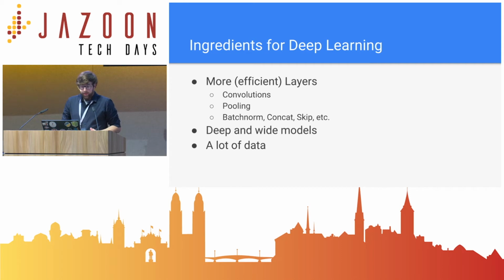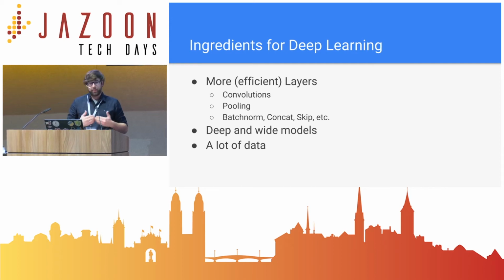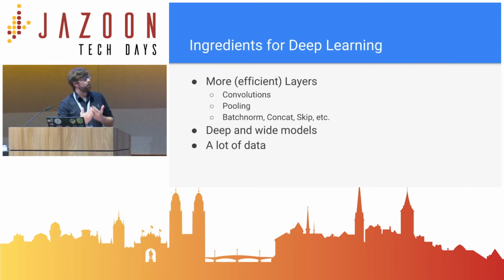The answer to this is something called convolutional layers, and I will explain it in a second. There are also pooling layers and a lot of other layers that help you be more efficient. And with more efficiency come deeper models, wider models, new model structures and so on.